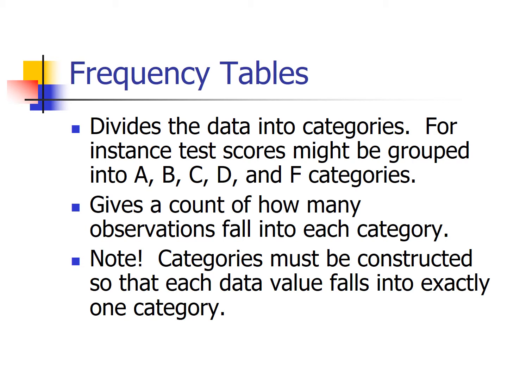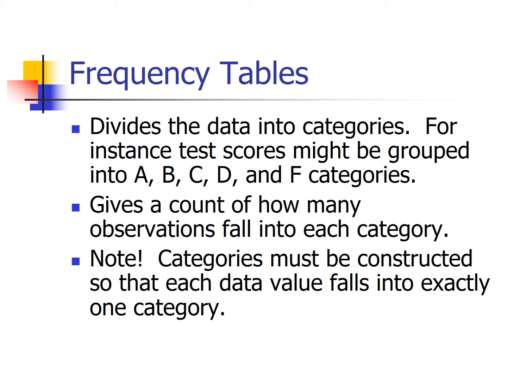That is, even though you actually might get a numerical grade, say a 73 on your test, most of us in our brain transform that to a category. We say, oh, I got a C. So the idea behind frequency tables is to take a quantitative variable and make it qualitative. That is, break it into categories and then essentially count how many observations fall into each of these categories.